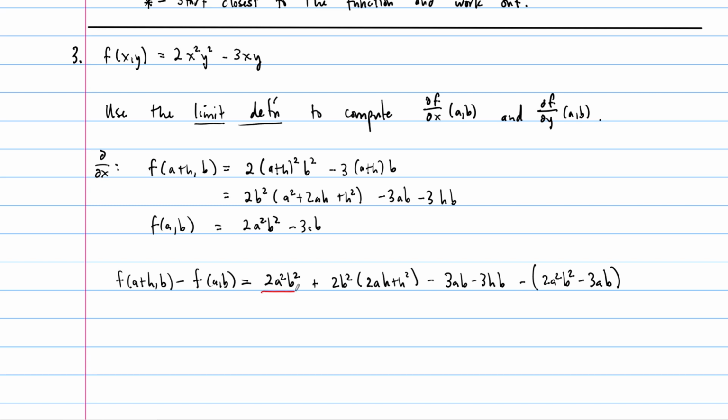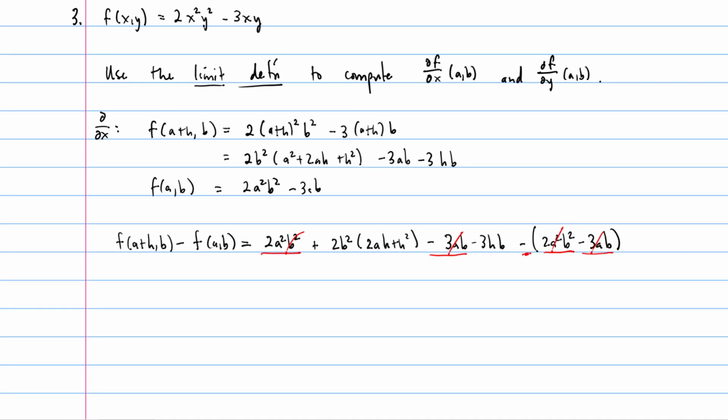And then we see 2a squared b squared minus 2a squared b squared and negative 3ab minus 3ab. Those are all going to cancel, right? And what we're left with then is 2b squared times 2ah plus h squared minus 3hb.